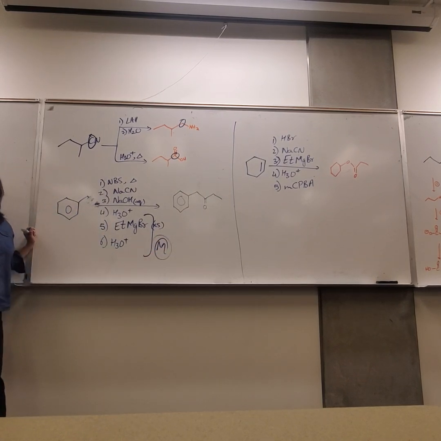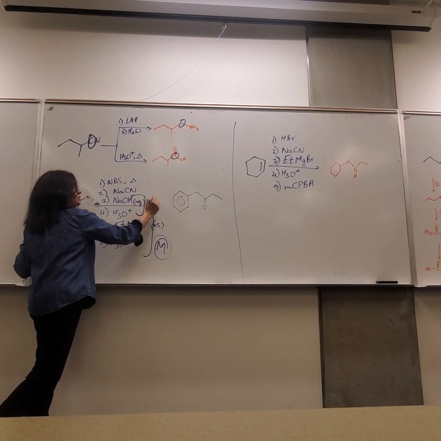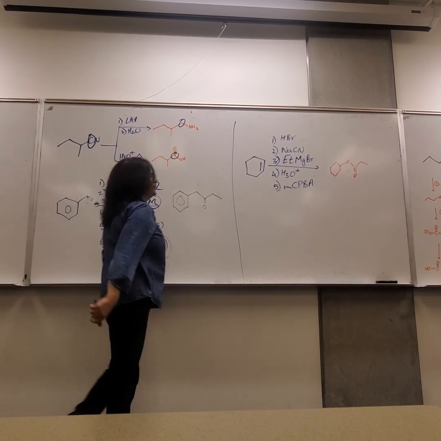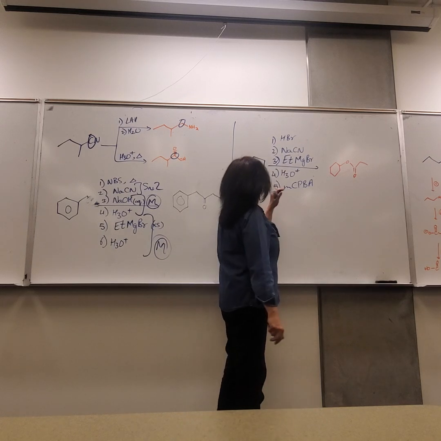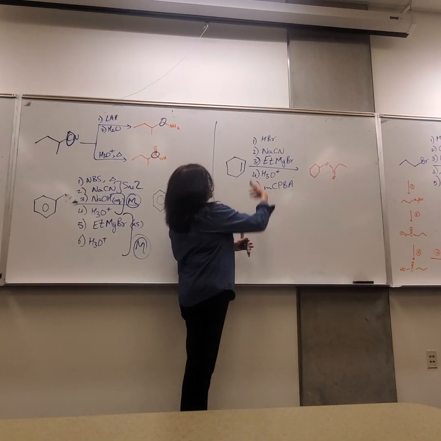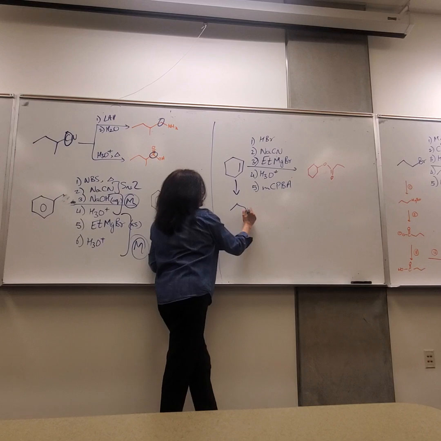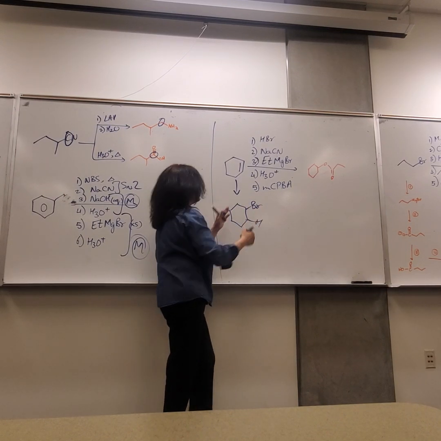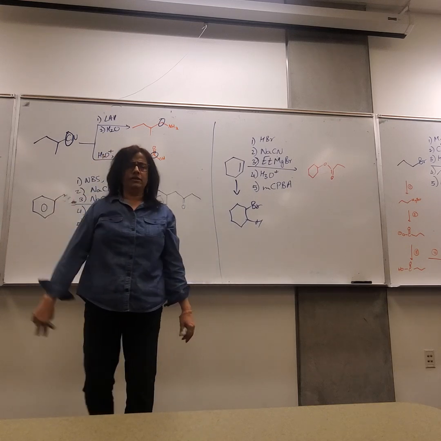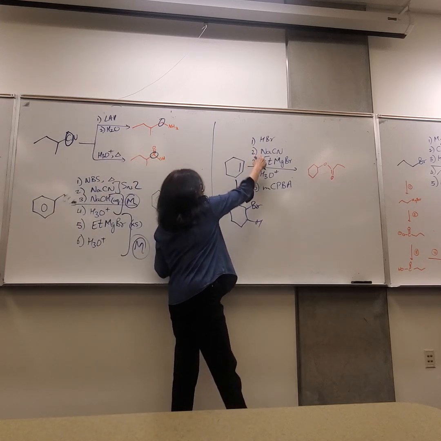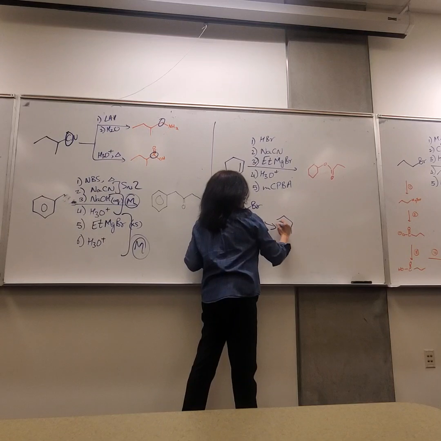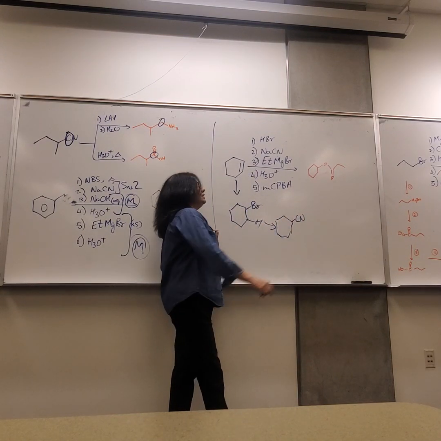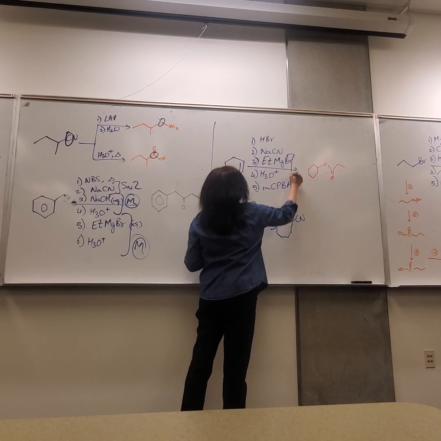Everyone needs to know the mechanism of this step, and of that step. This, of course, is SN2. That's adding across the pi bond. H goes one place, it's symmetrical, so it doesn't matter which side you do. Then we do an SN2 substitution that converts this into a nitrile. The nitrile then reacts with Grignard.